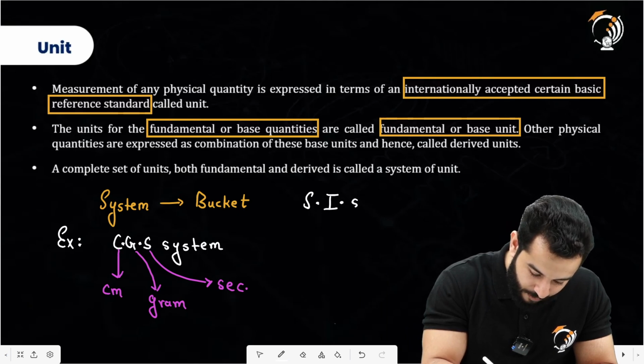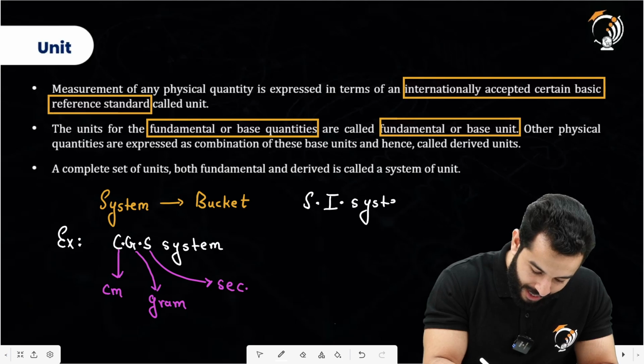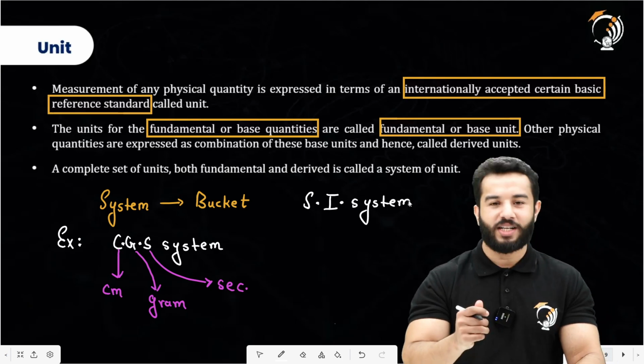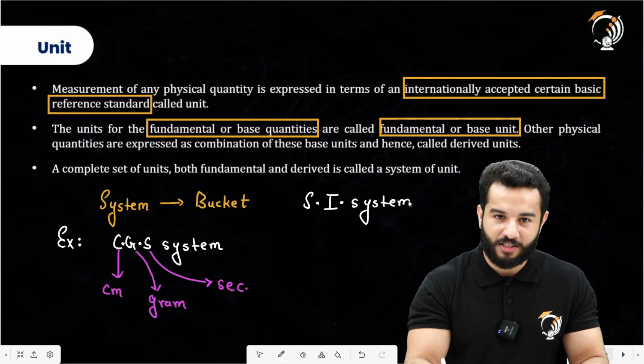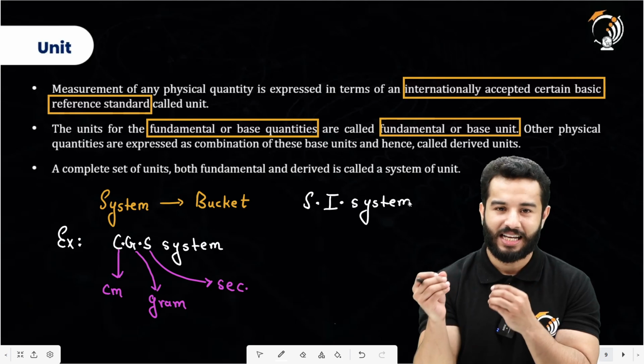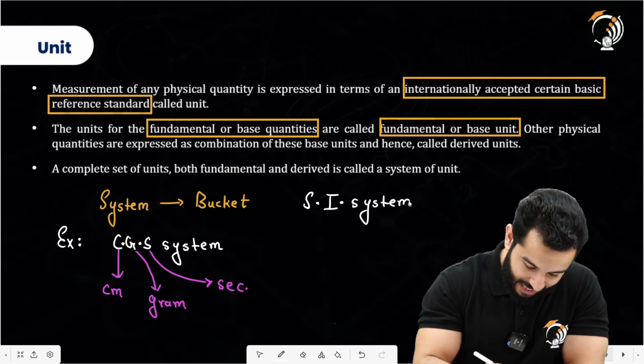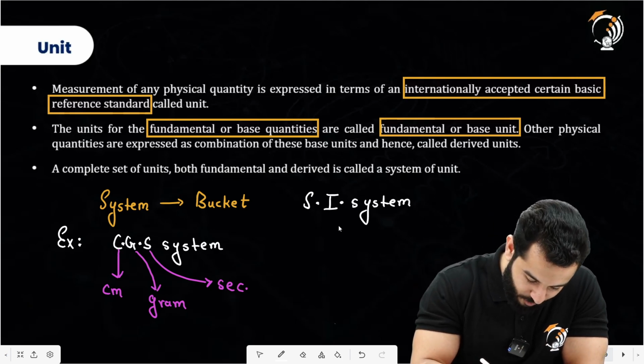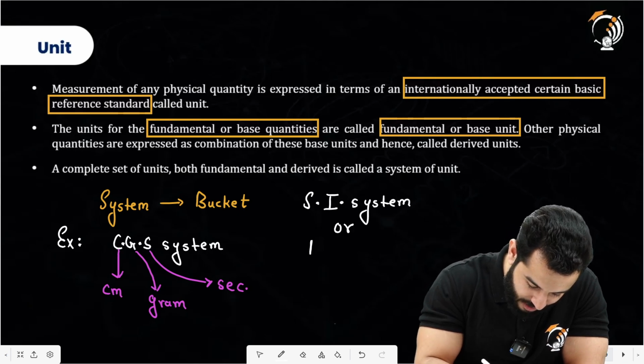Another bucket can be the SI system, which is the most popular and most internationally accepted unit system. The full form of SI is International Standardized Unit System. This system is also known as the MKS system.